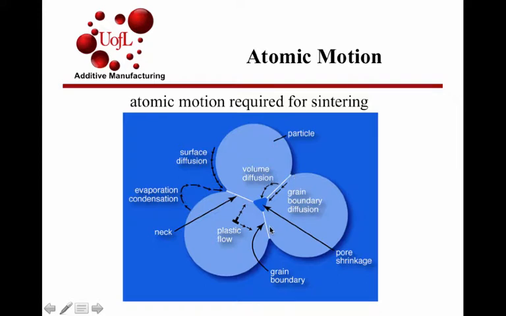That diffusion can be along the grain boundary. It can be through the bulk of the volume. It can be through surface diffusion across this. It can be evaporation and condensation to grow the neck around here. The pore shrinkage and the surface tension that stabilizes these pores is another aspect that needs to get considered. Grain boundaries, plastic flow for bulk diffusion are other ways in which things can happen.